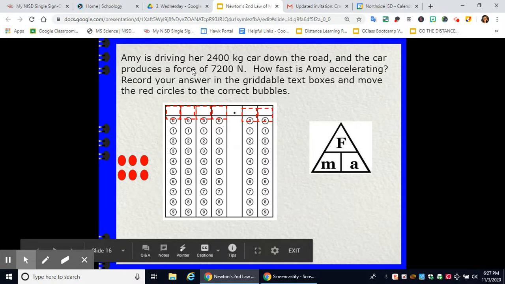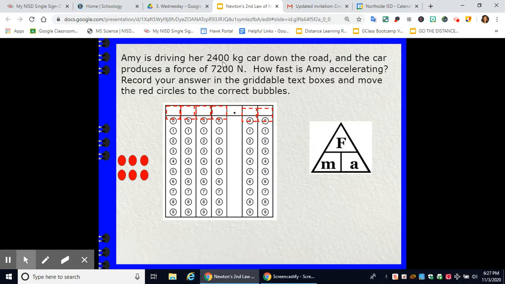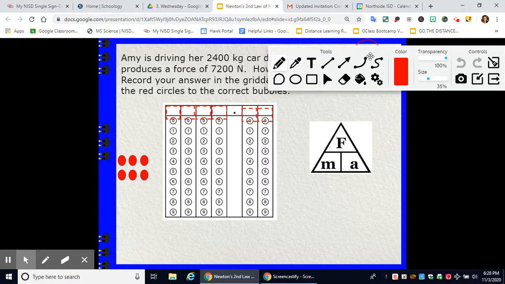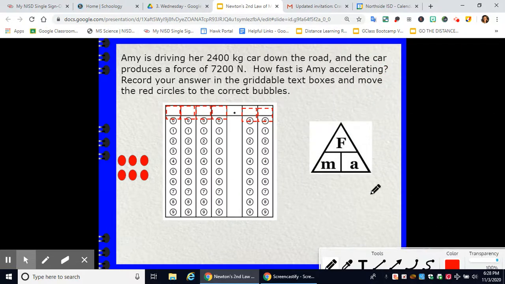Amy is driving her 2,400 kilogram car down the road, and the car produces a force of 7,200 newtons. How fast is Amy accelerating? Record your answers in the griddable. Here we can use our formula triangle to get a formula. What we're being asked to calculate here is our acceleration.